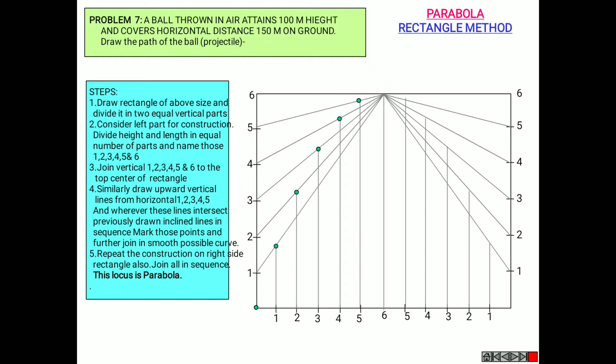And if you mark from 3 to 4 or from 2 to 1 or something, then it would be the wrong marking and you will not obtain any parabola. Similarly towards the right, now join all these points smoothly to obtain a curve called parabola. See how neatly it was obtained.